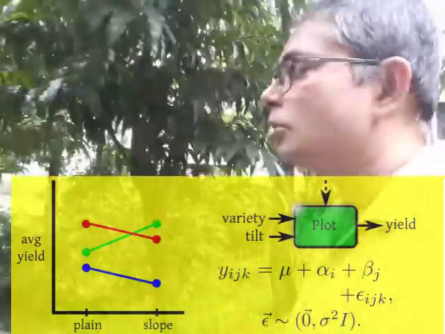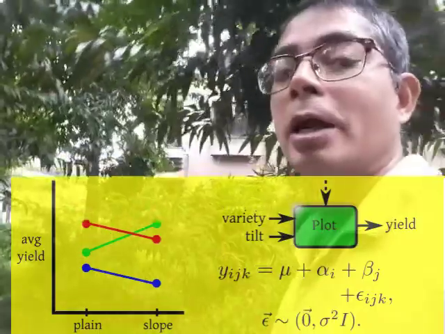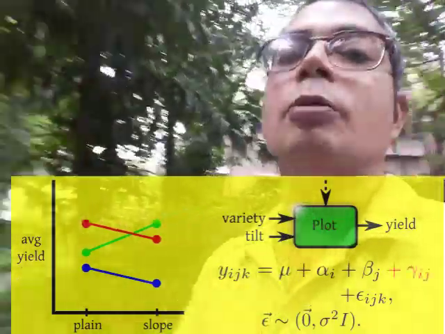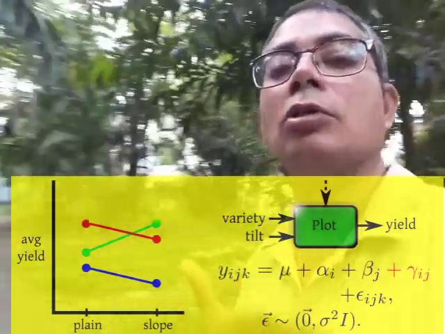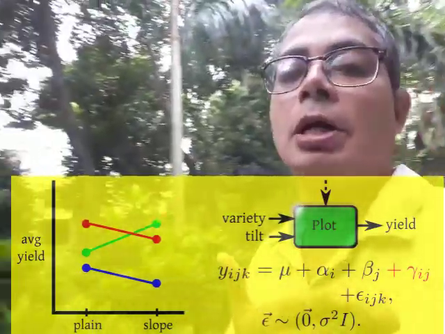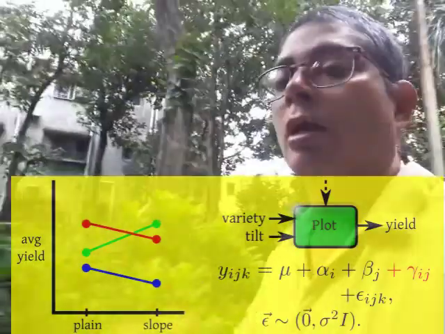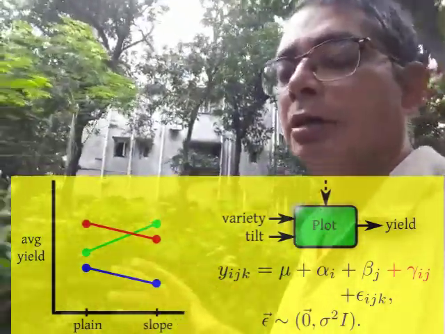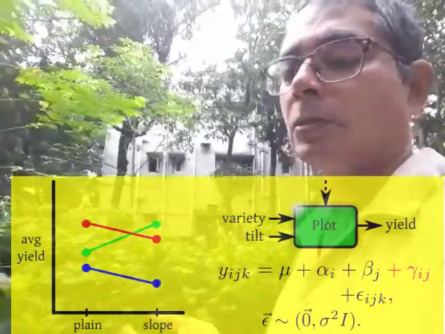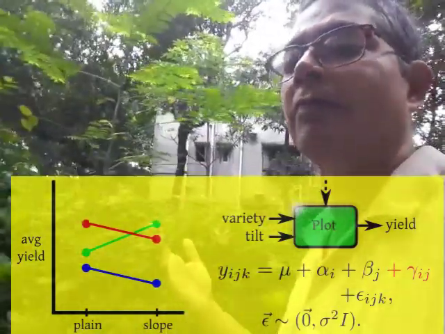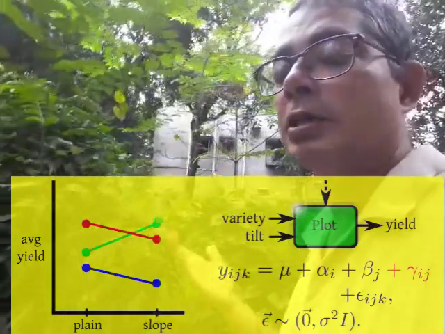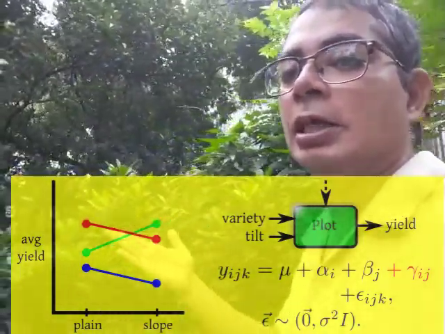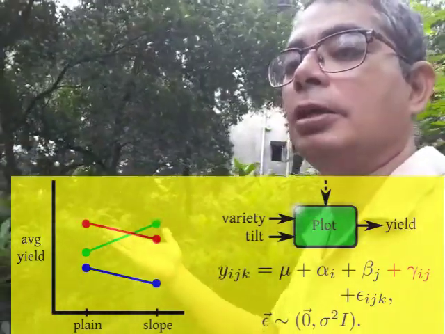So in order to accommodate this non-parallel thing, naturally we have to extend the model a little bit, and the way to do it is to add what is called an interaction term, gamma ij. This situation is called interaction because now we can see that the tilts will influence different varieties in different ways. For the red variety, I can see that the yield goes down if you move from plain to slope.